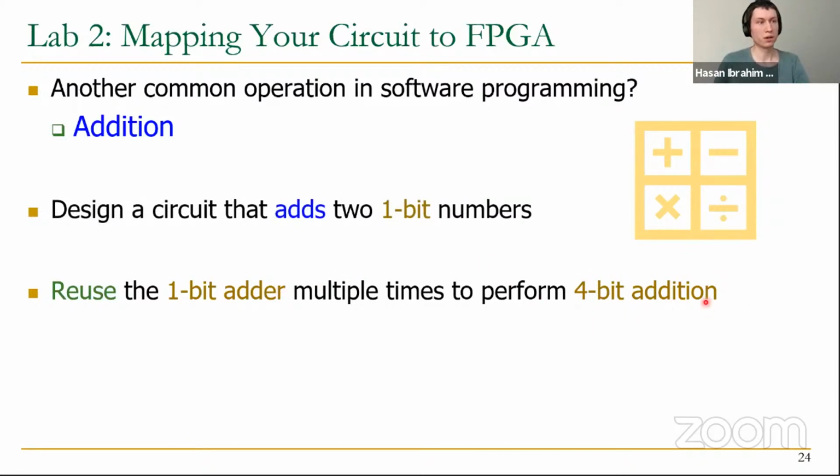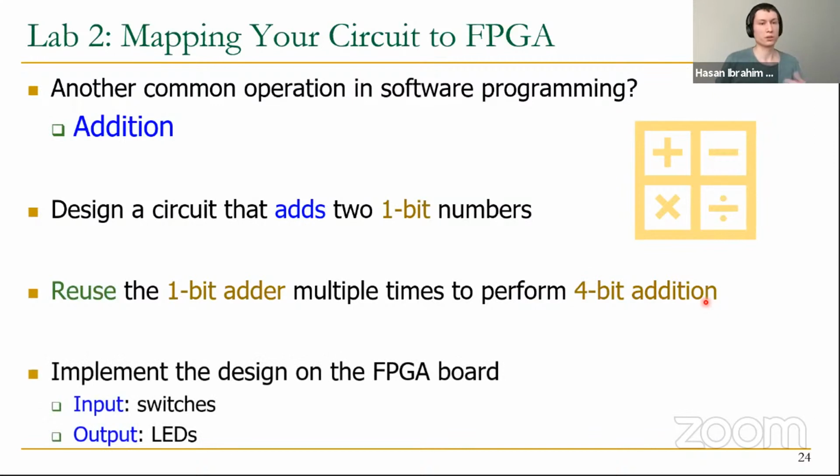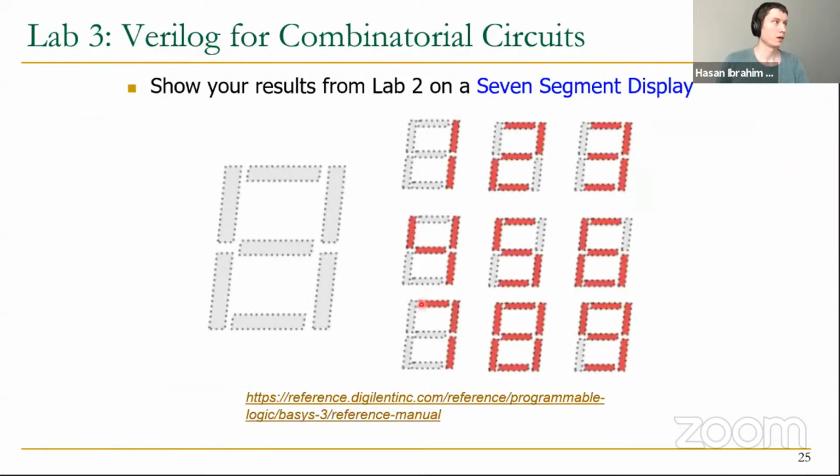In this case, it will be a 4-bit adder. This is where you will learn how to design your circuit in a modular way. Here as input, we will use the switches on the board that I showed you previously, and we will display the output on the LEDs.